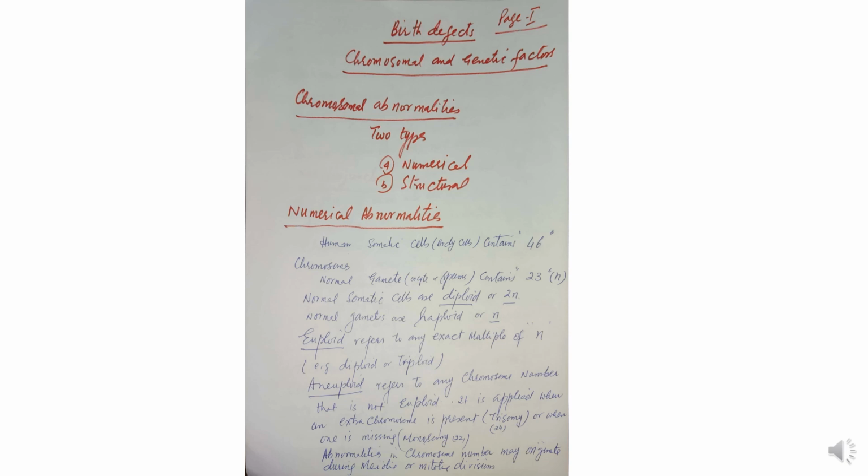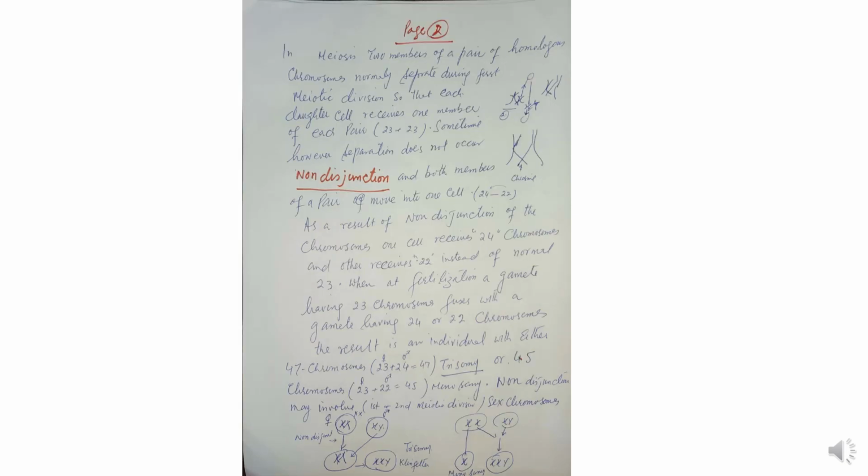Abnormality in chromosome number may originate during the meiotic or mitotic divisions. The name given is trisomy. With 45 chromosomes, how is it 45? 23 plus 22 becomes 45. Monosomy is the term used.